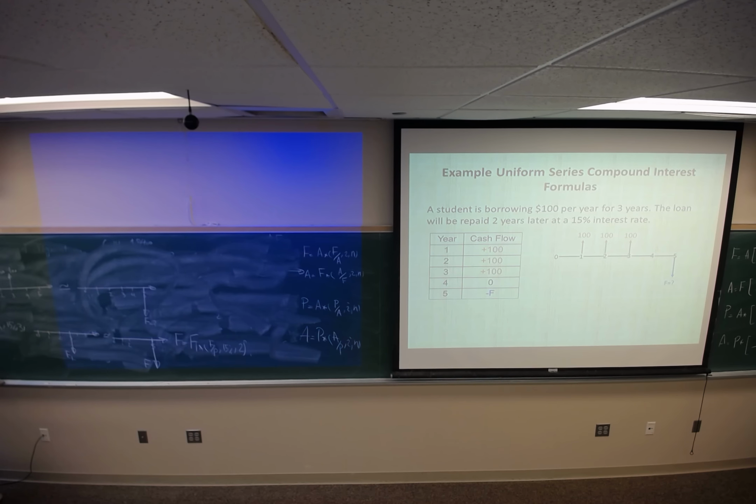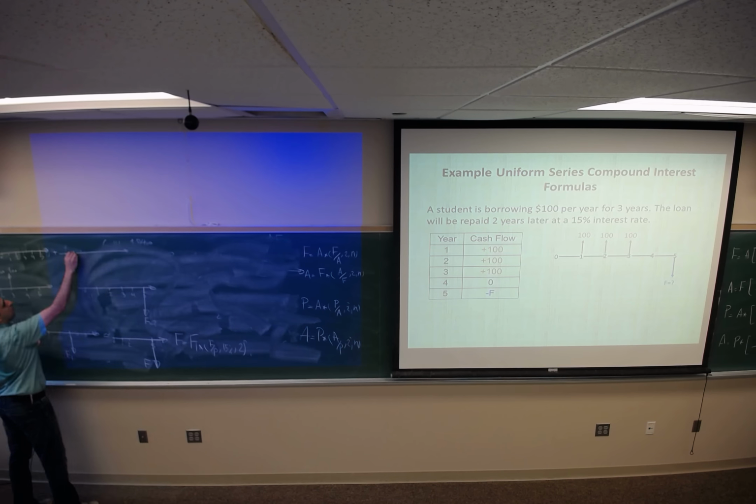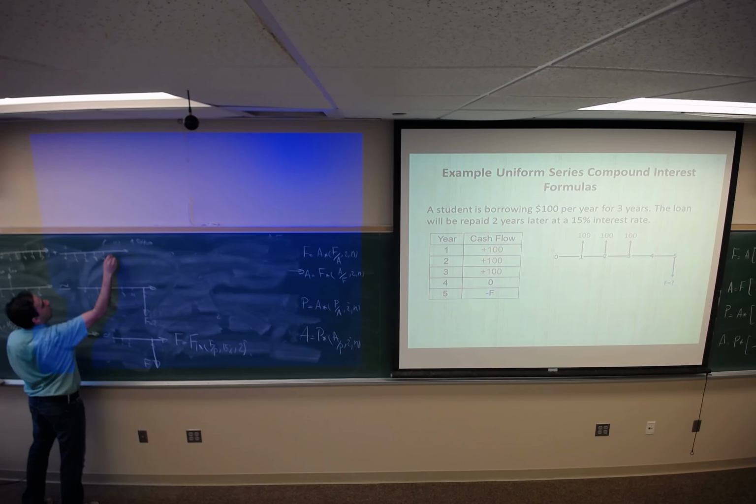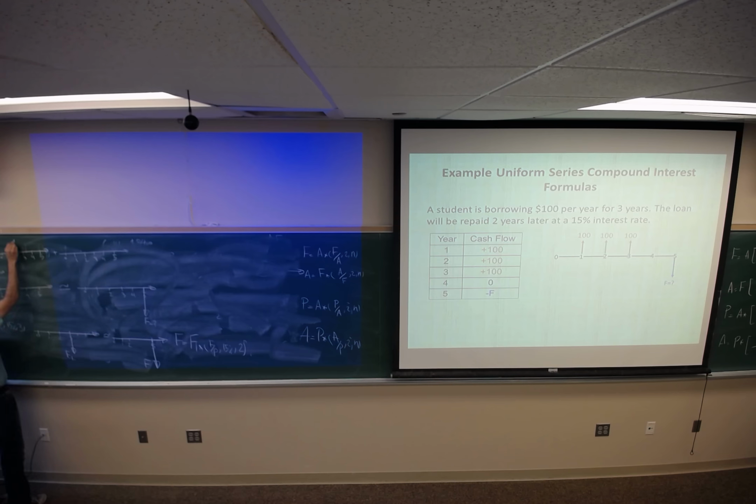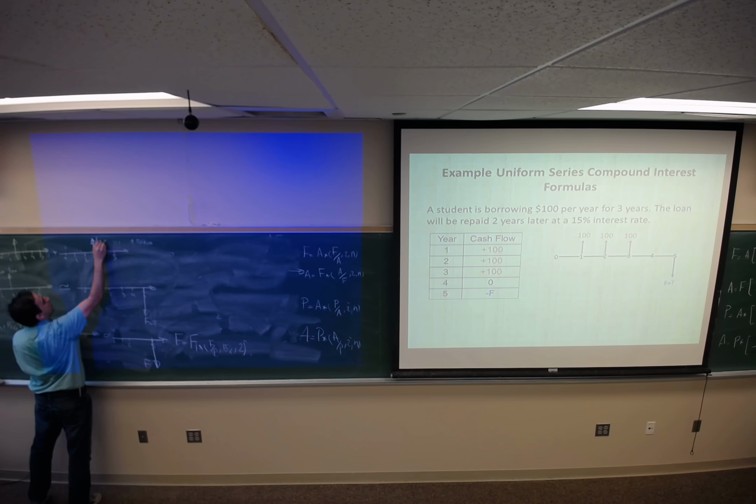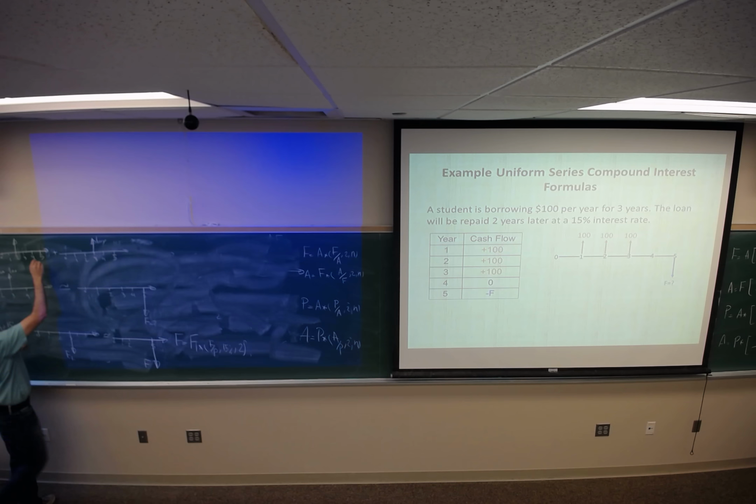Just break this into 3 cash flow diagrams with $100 payments, and then you are looking for the future value at year 5. Find its value at year 5 and label this as F1.